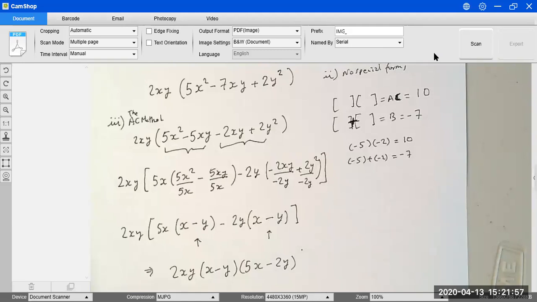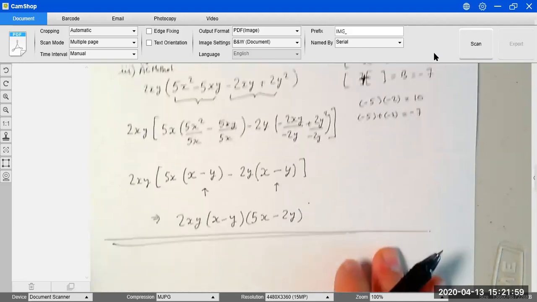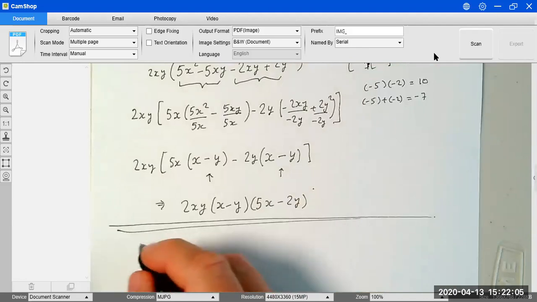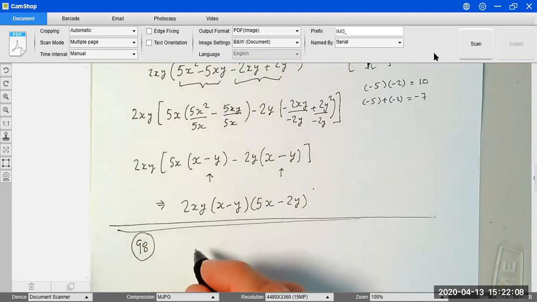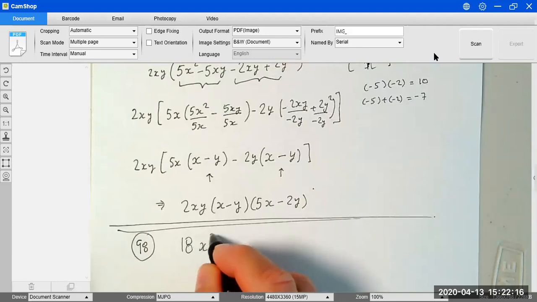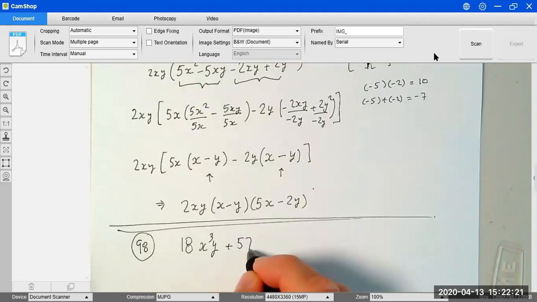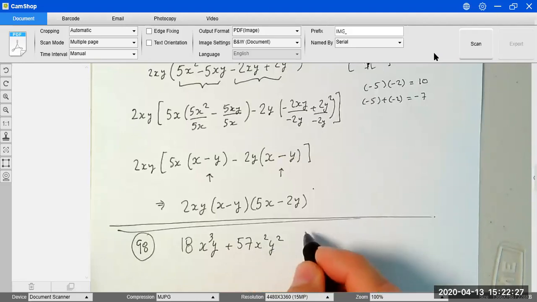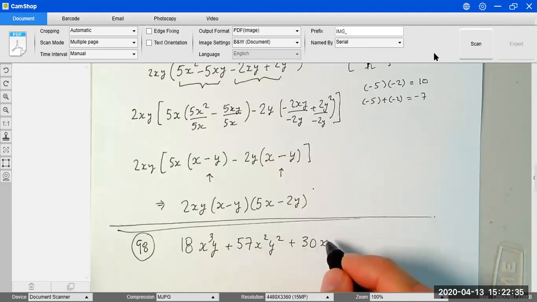So now you're going to work a similar problem from the end of chapter, section 6.5. You're going to work problem 98. 98 is 18x cubed y plus 57x squared y squared plus 30xy cubed.